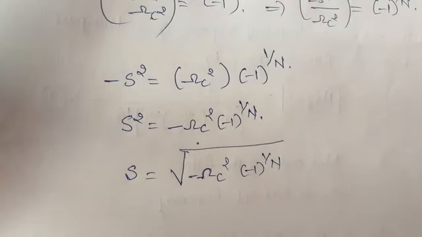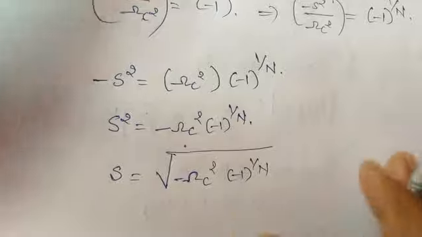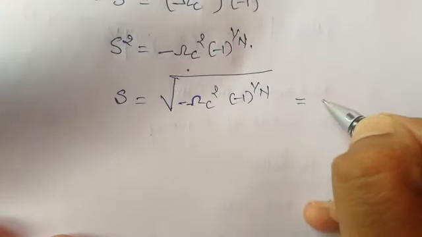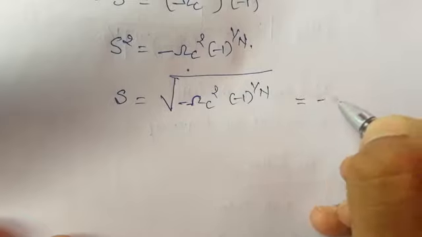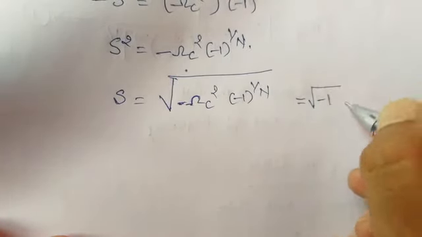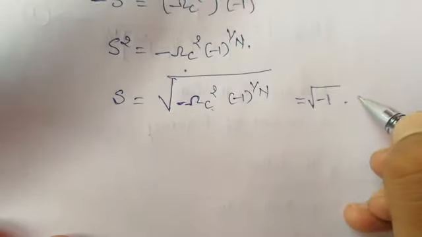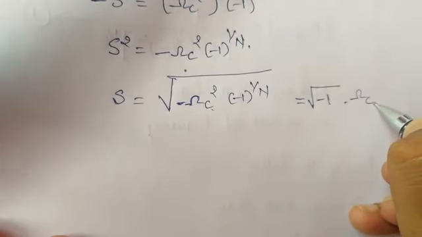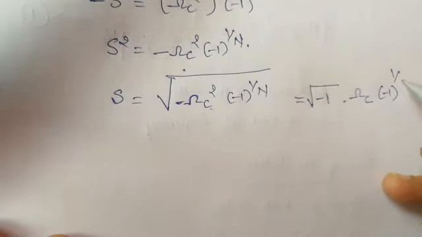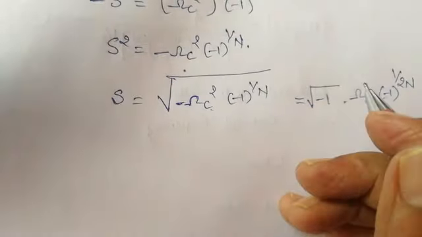Correct? Now for the simplification, the same thing I am rewriting separately: it is the square root of -1 into the square root of ωc², which becomes ωc, then (-1) to the power 1 by 2n.